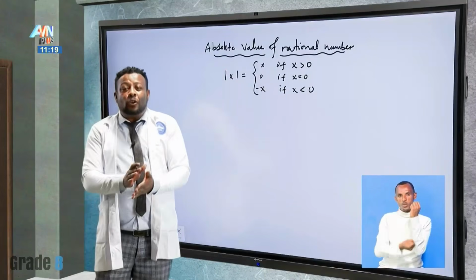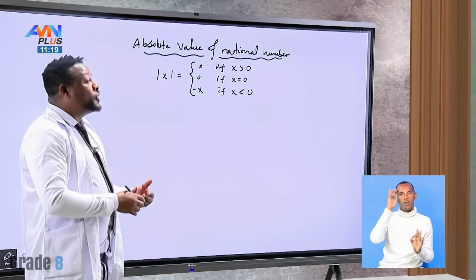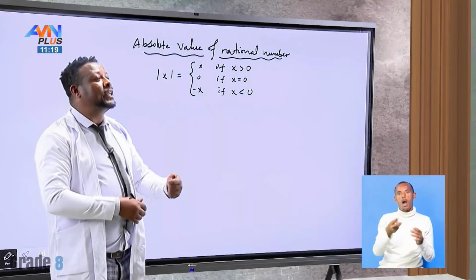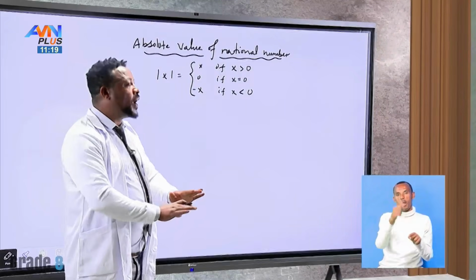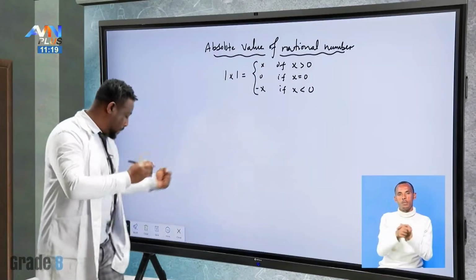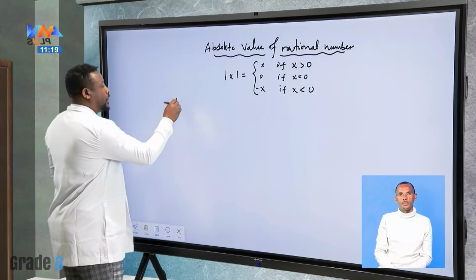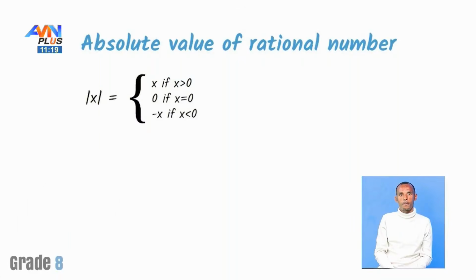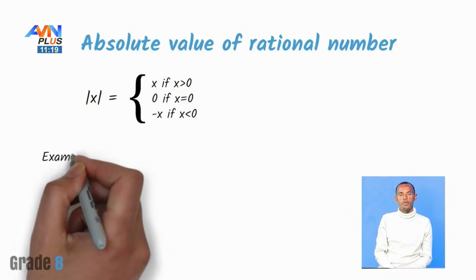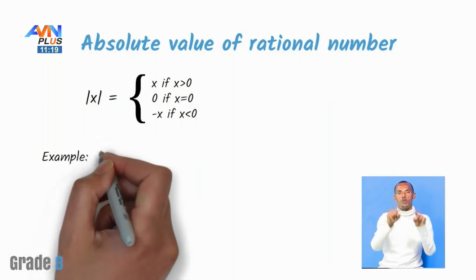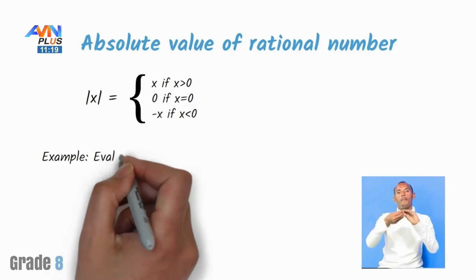So, based on this definition, I will try to show you how you can evaluate the absolute value of any number, right? For example, evaluate the absolute value of the following numbers.